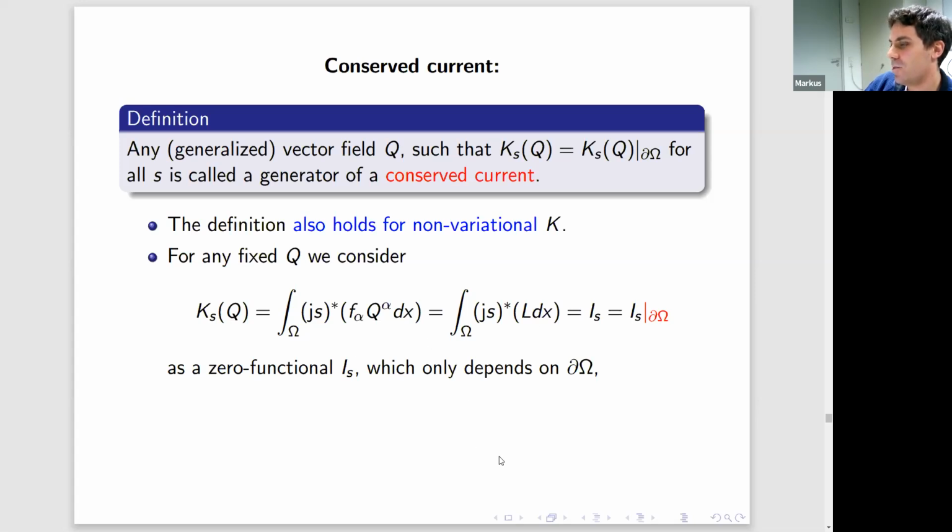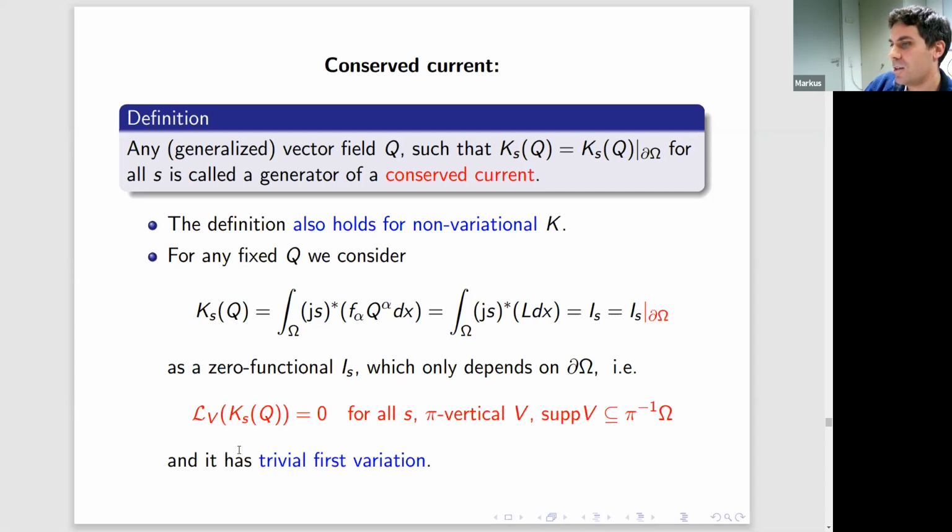So it's basically a trivial zero functional, which means that variations of this functional are always zero, they don't change the functional, because at the boundary there are no variations and everything only depends on the boundary. So this definition implies that the Lie derivative of this thing here vanishes for all sections and for all vertical v with support in this set here. This is also important.